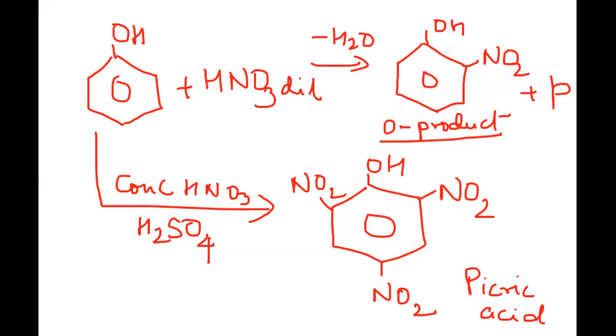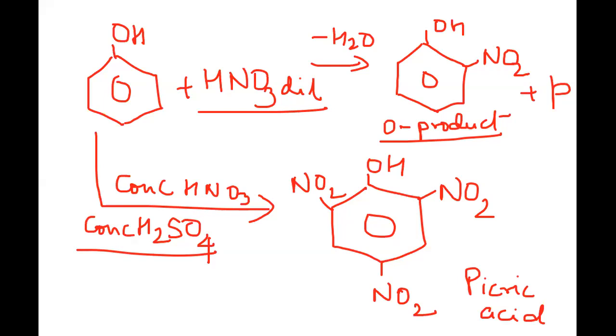Make sure what is written: dilute HNO3 or concentrated HNO3 and concentrated H2SO4. Benzene will not undergo nitration if this combination of concentrated nitric acid and sulfuric acid is not there. However, phenol undergoes the reaction with dilute HNO3 to form both ortho and para products.